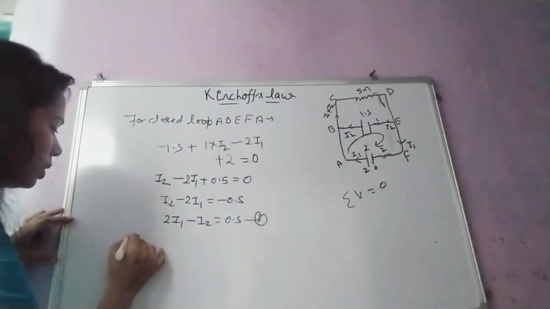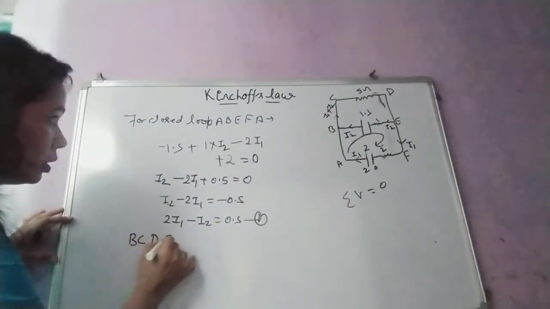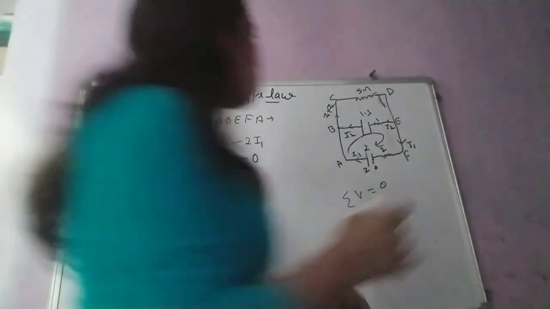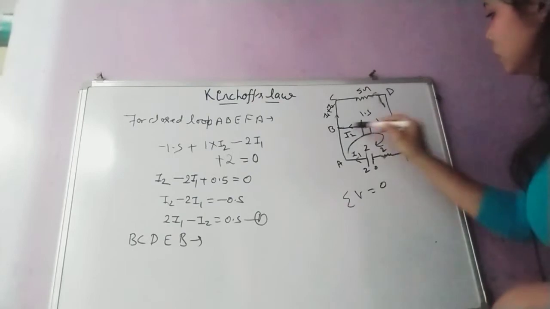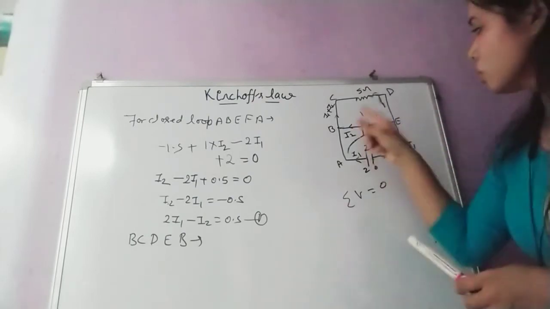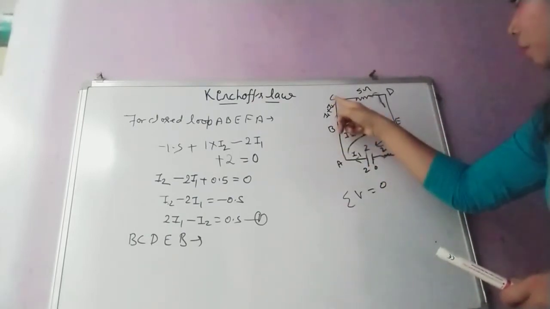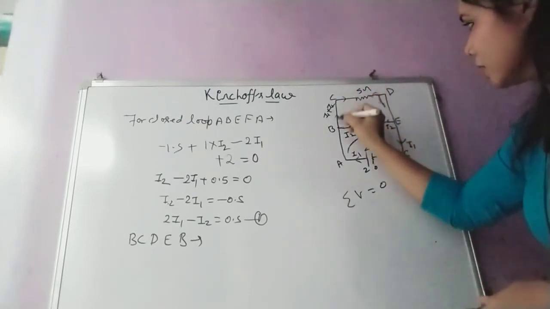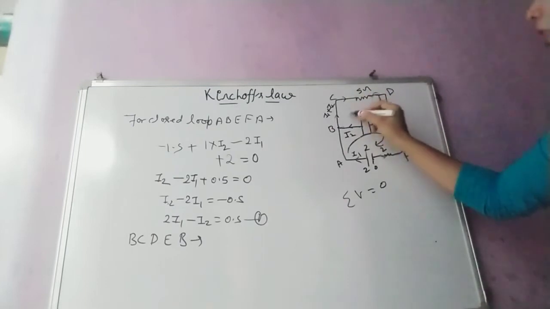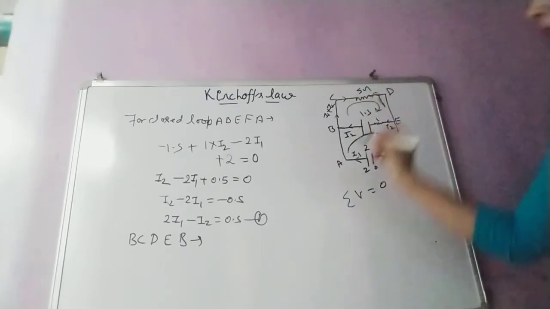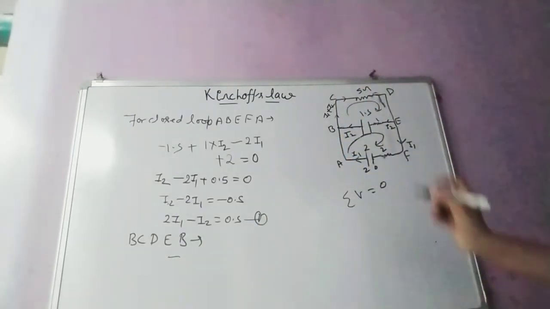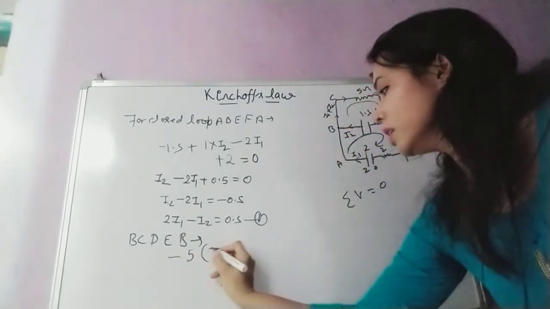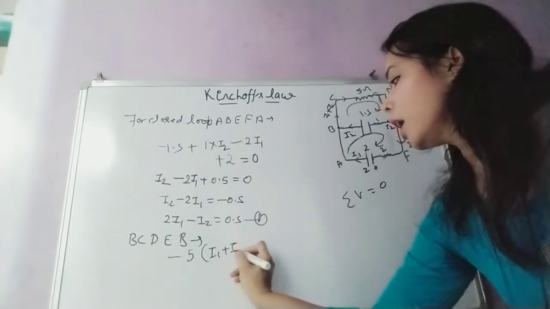So that is B, C, D, E, B. For this closed loop, B, C, D, E, B, now see, I am moving from B up to here through this resistance. Since the direction of current is this, and the path you have chosen is also this, so negative 5 ohm resistance into current, which is I1 plus I2.